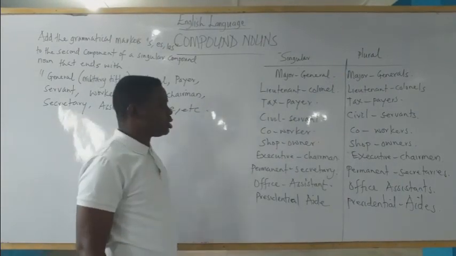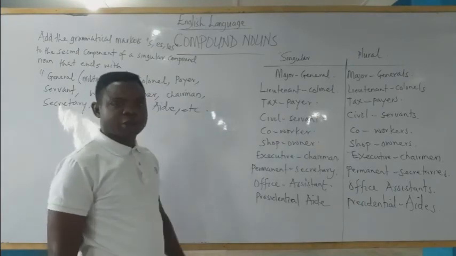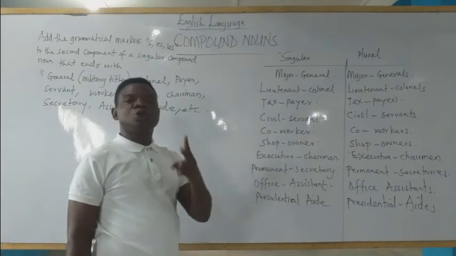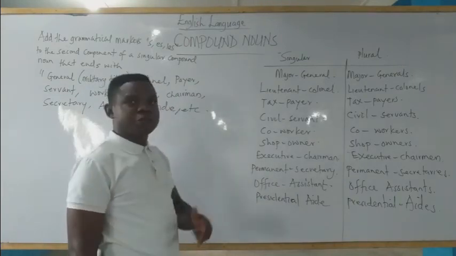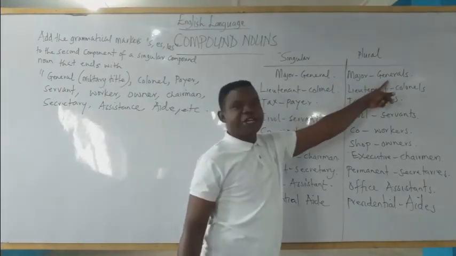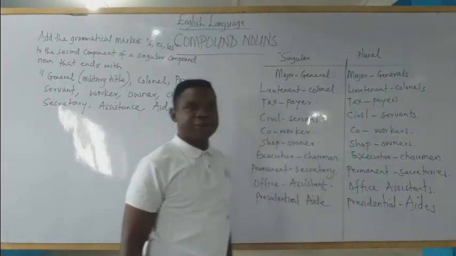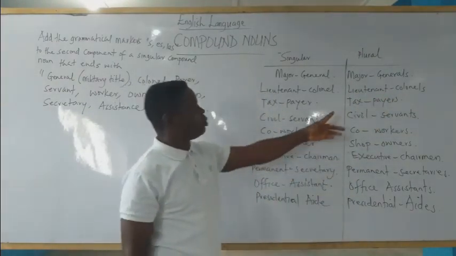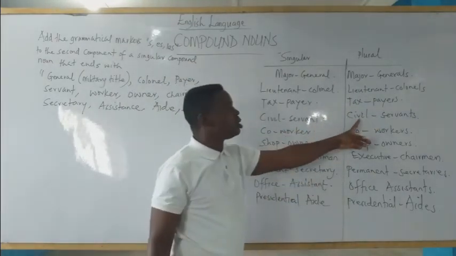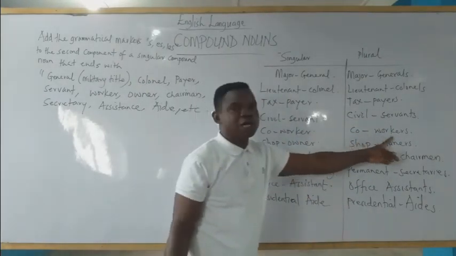Now let's use them in sentences. The Nigerian military has just promoted two major generals. Same thing for lieutenant colonels. These are the taxpayers. These are the civil servants. These are my co-workers.